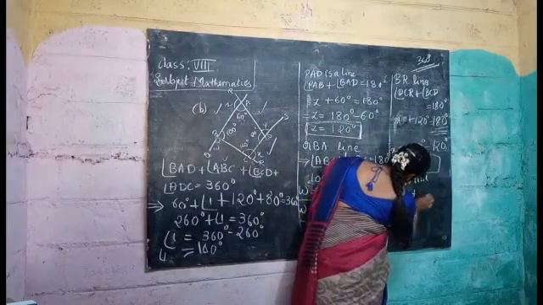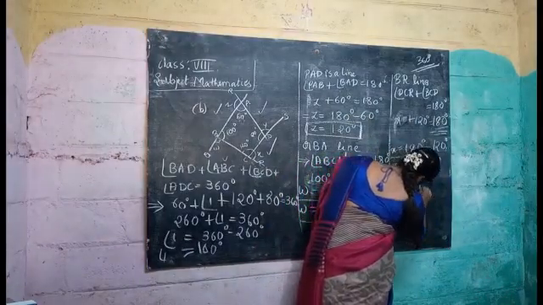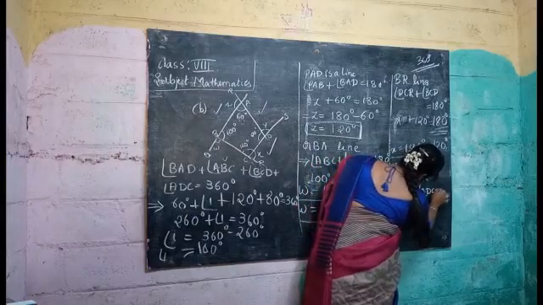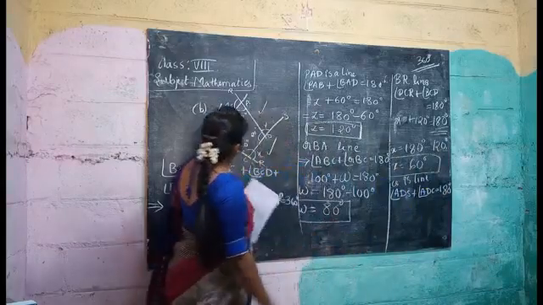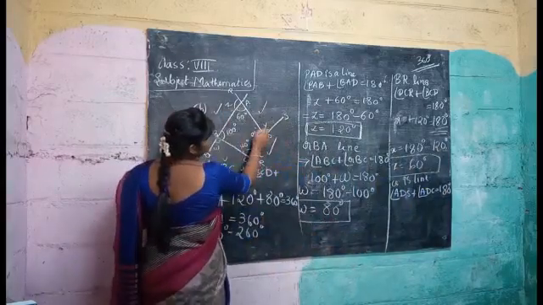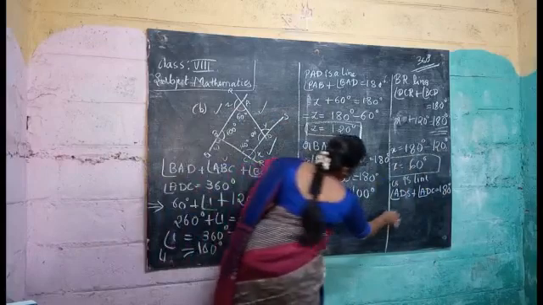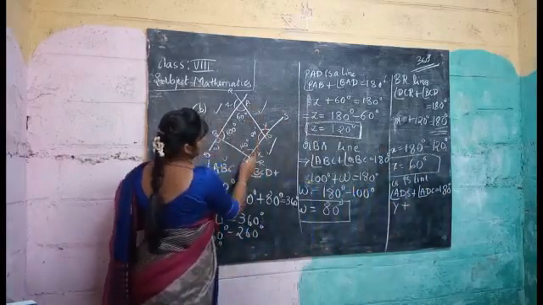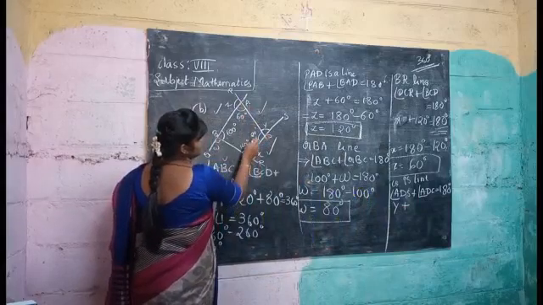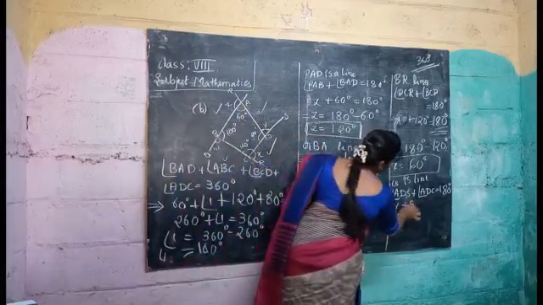In CS, what all angles do we get? ABC plus ADS plus ABC is equal to 180 degree. ADS, where is ADS? What is that? Y. Yes. ADC. What is this? 80 degree.